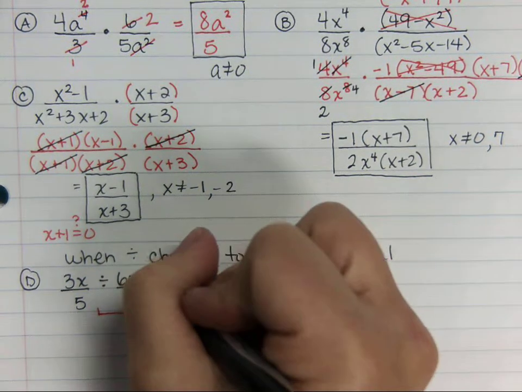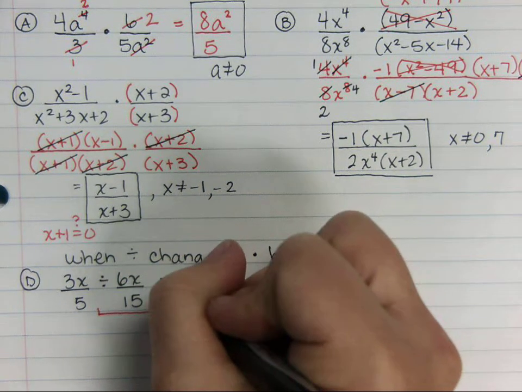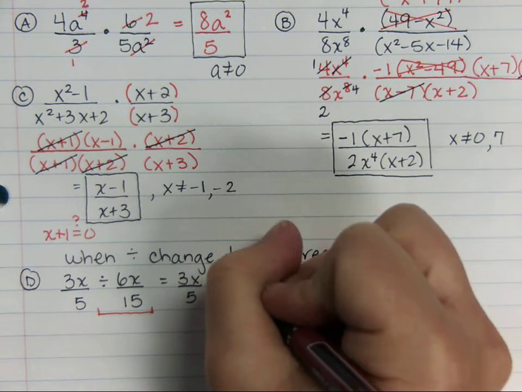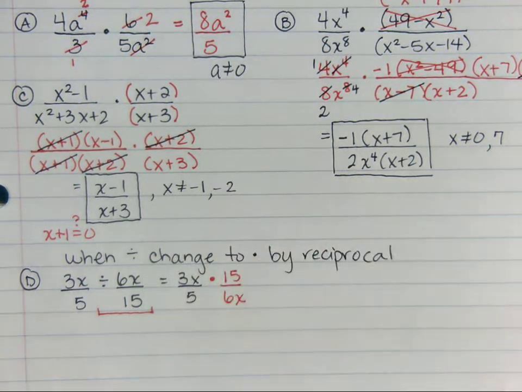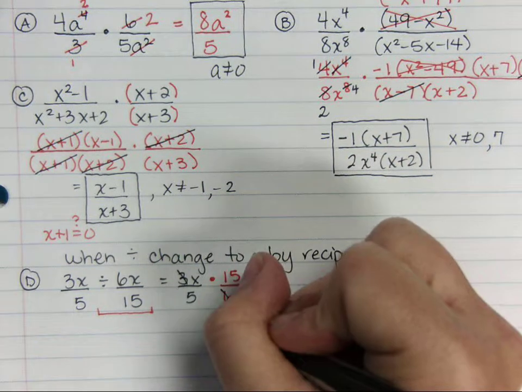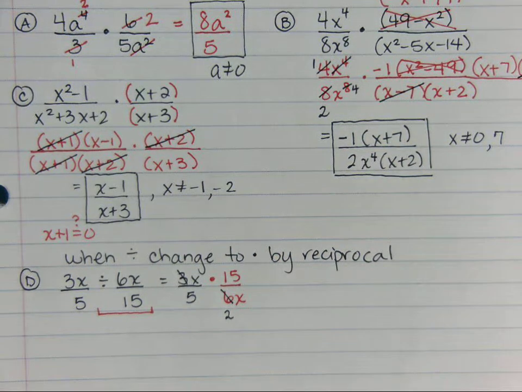I'm going to leave my 3x over 5 alone and change this to multiplying by 15 over 6x. And now you can simplify because now it's multiplication. It's almost identical to letter A. So again, you can take a 3 out of each of these and just leave the 2 down in the denominator.